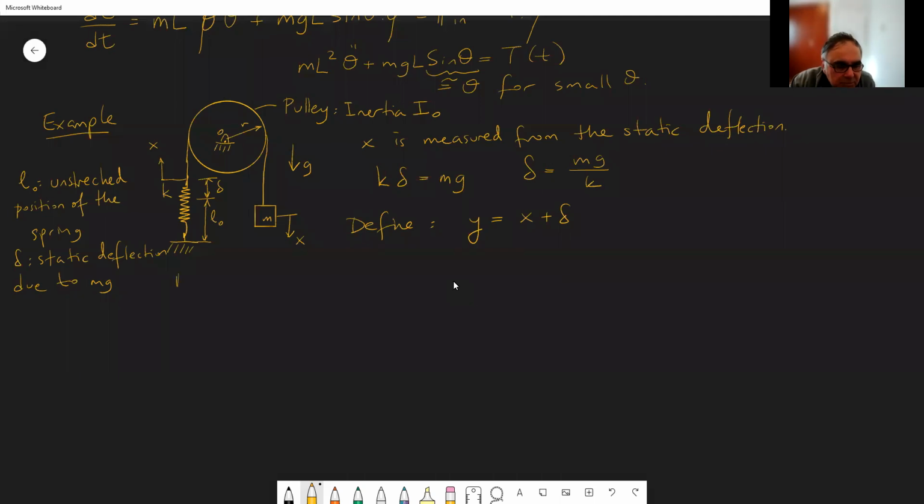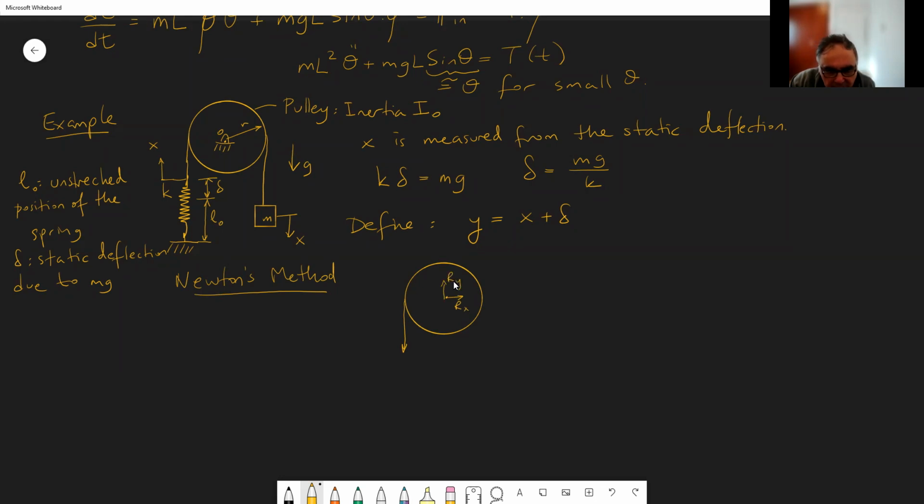So we use Newton's method here. Now we have two things. One is we have to write the forces. So there are Rx and Ry.